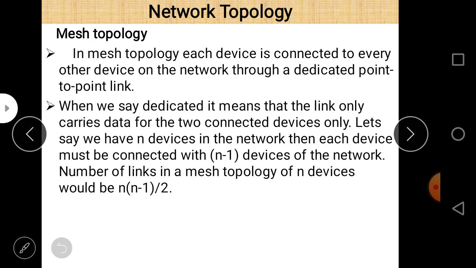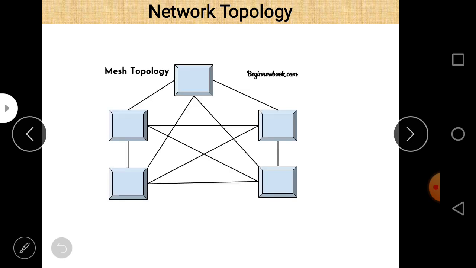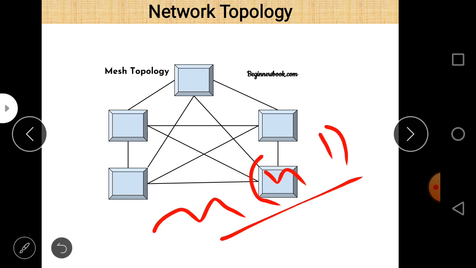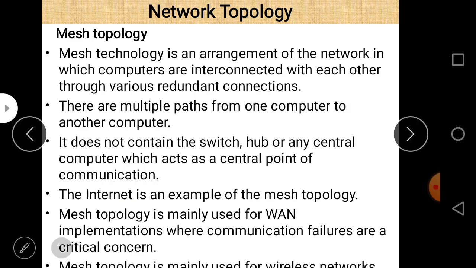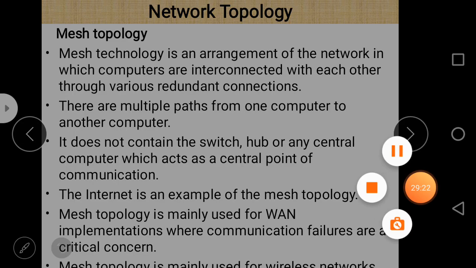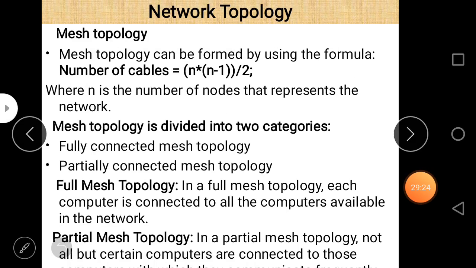Next is mesh topology, in which each node is connected to each other, and always remember the formula, N(N-1)/2. There are two types of mesh topology here: full mesh topology and partial mesh topology. In full mesh topology, all computers or nodes are connected to each other, but in partial mesh topology, some computers are not connected to others directly.